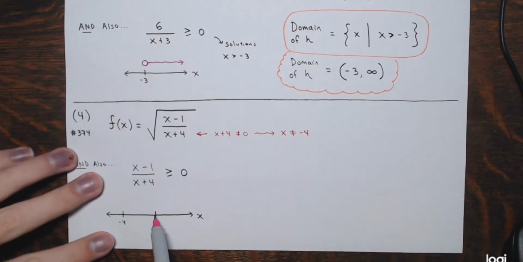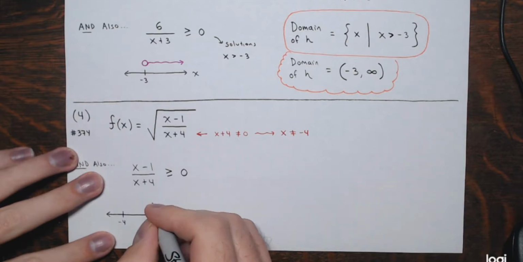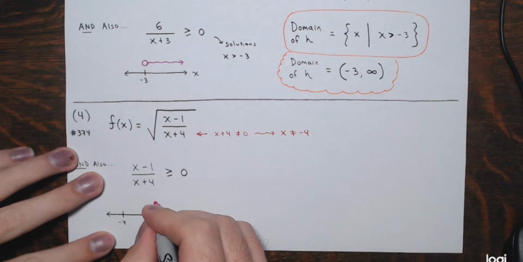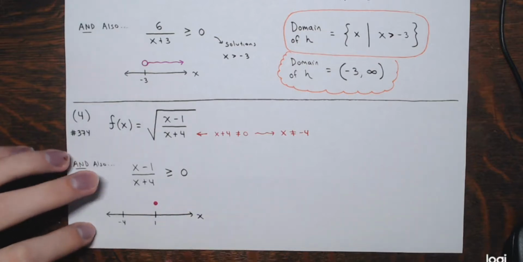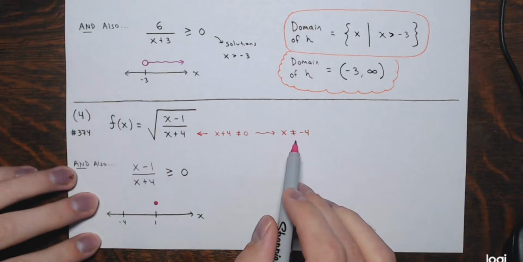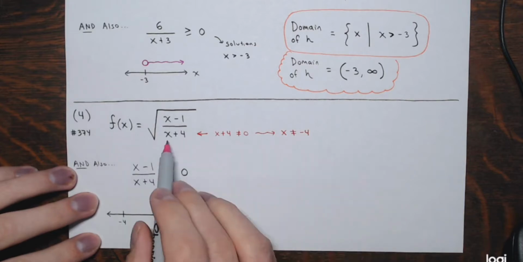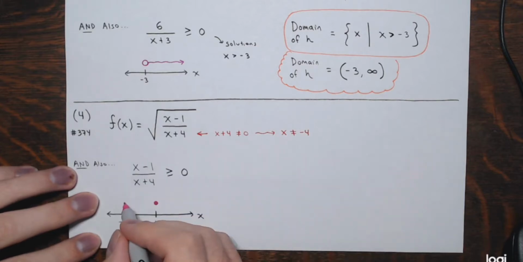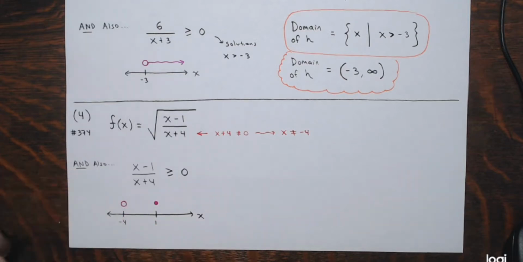If I plug in 1, you'd have 0 divided by 5. 0 on the left is greater than or equal to 0, so it satisfies the equal to part. So 1 is a solution to this inequality, so I put a closed point above it, a dot. Negative 4 is not. We just said a second ago, if I plug in negative 4, you're dividing by 0. That's bad. So I'm going to put an open point right above negative 4. Negative 4 is not a solution.